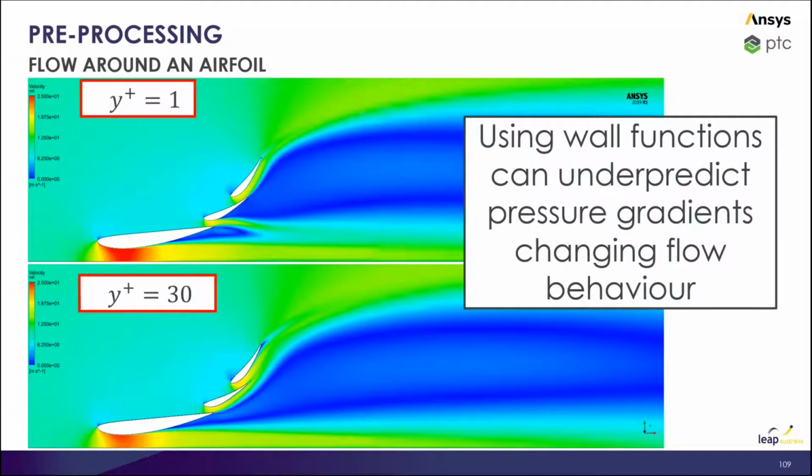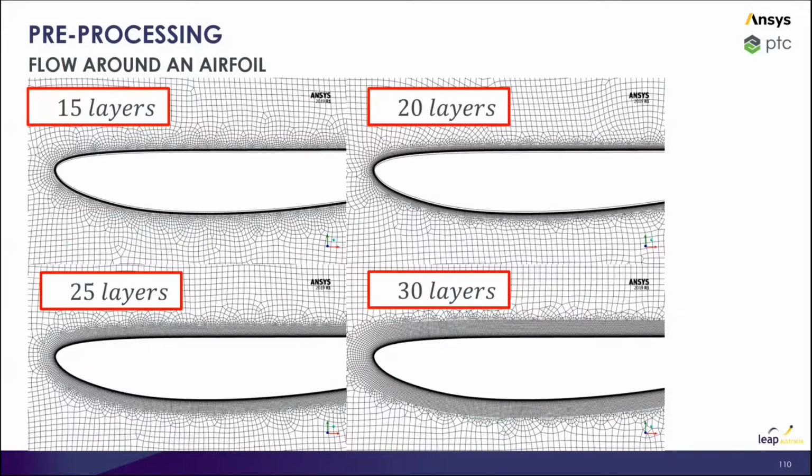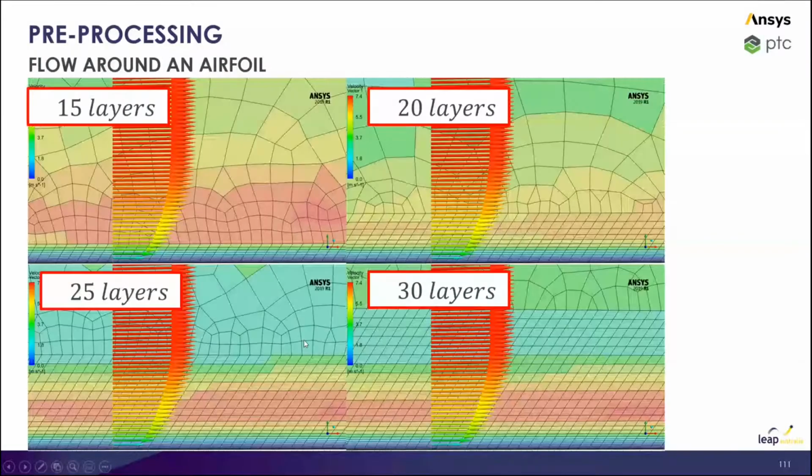So another one just goes through very quickly the amount of layers in the boundary layer. You can see here, when we're resolving to a y plus of 1 in all of these cases, we're not really actually picking up the full boundary layer until about 30 layers. Okay, so it's really important that we have quite extensive inflation layers to pick up a boundary layer properly.